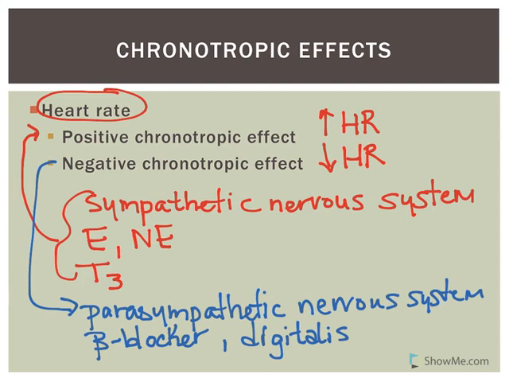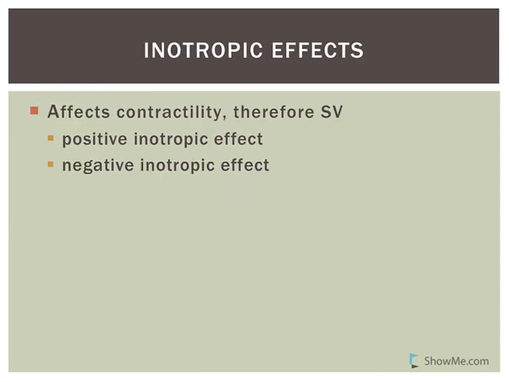Now, the factors that affect contractility, and therefore affect stroke volume, have inotropic effects. So inotropic effects on the heart affect cardiac contractility. If I say something has a positive inotropic effect, it means that it increases contractility and therefore stroke volume.